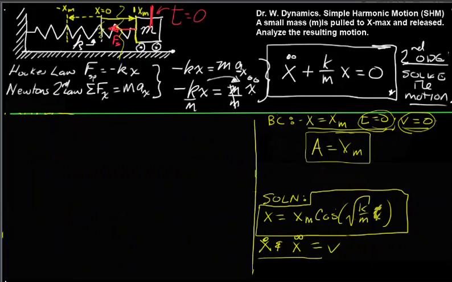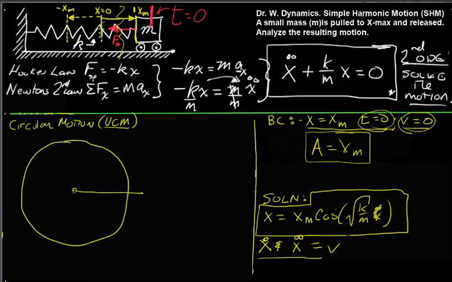We'll find that harmonic oscillators of this type can often be related to a circle in terms of circular motion, UCM, uniform circular motion, or if we have some circle with some radius r, we'll have it rotating with some constant angular velocity.